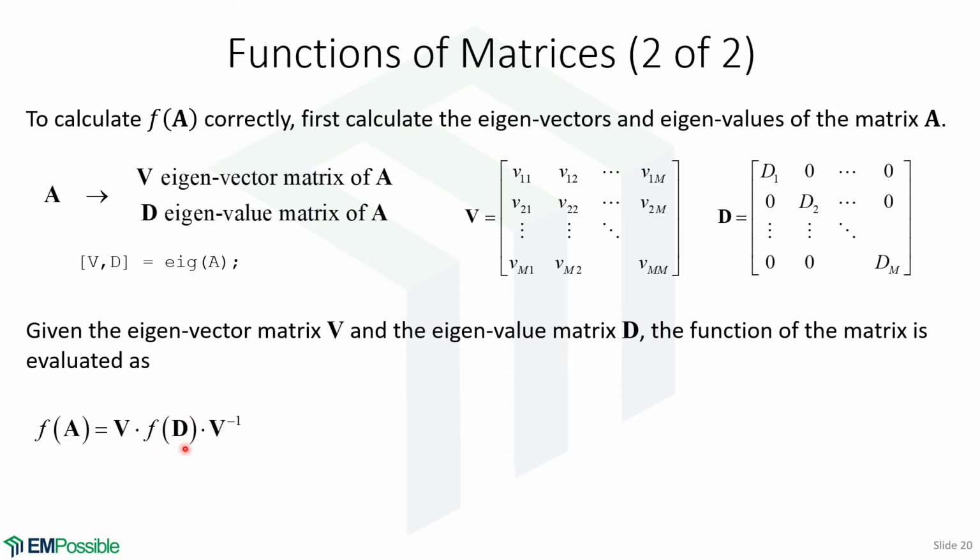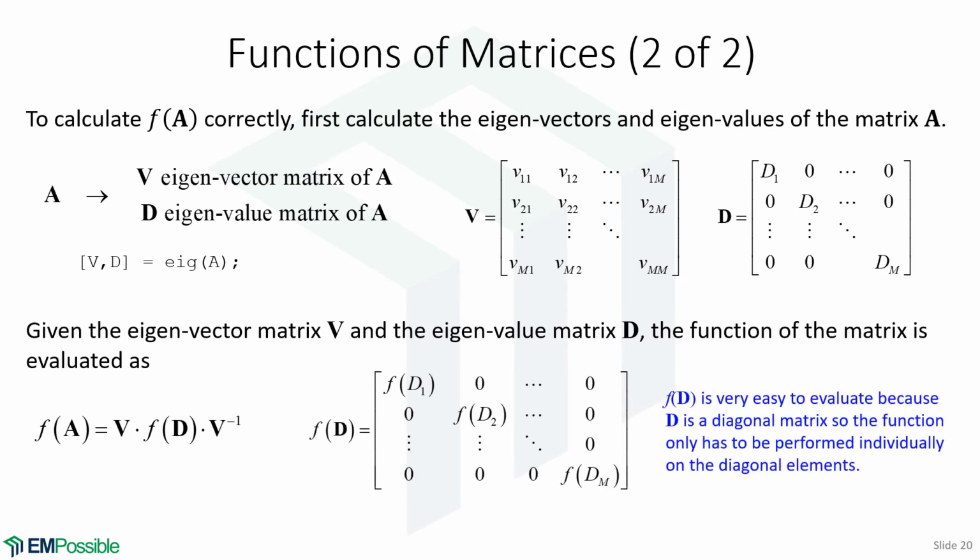Applying this function to the eigenvalue matrix is easy because the eigenvalue matrix is a diagonal matrix. We simply apply that function to each of the individual diagonal elements. If it was not a diagonal matrix, we could not do this. So this is a real neat way of calculating the function of a matrix, but it forces us to calculate the eigenvectors and eigenvalues of that matrix A.